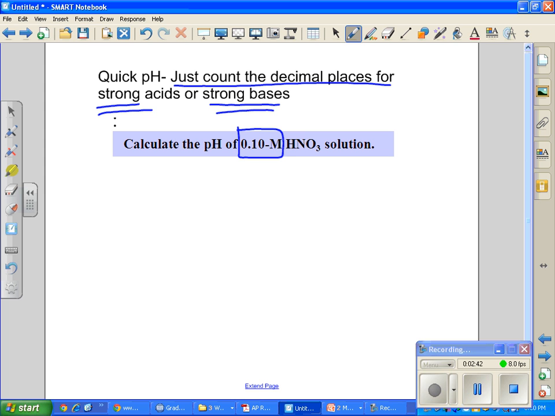So when I get to the first digit that's not 0, I'm counting the number of decimal places. Here, I go over 1. It has technically 1 decimal place before I hit a digit besides 0. That means if I take the negative log of this, the pH is actually going to be 1. If I had 0.001 HCl, 1, 2, 3 decimal places.